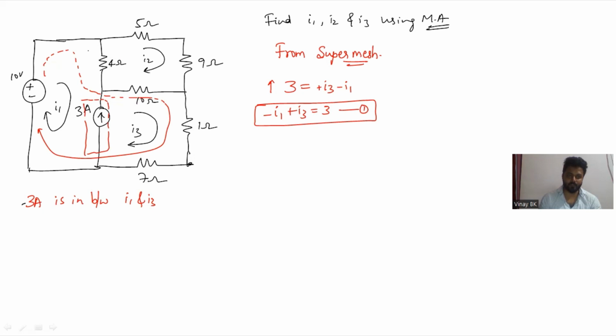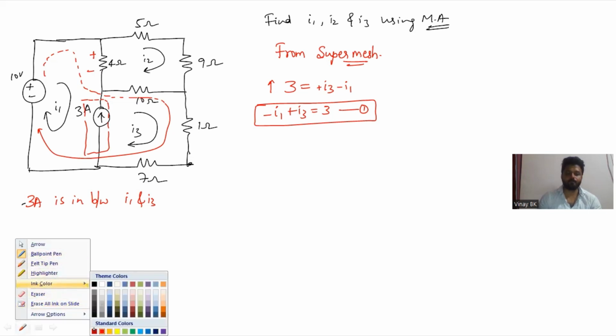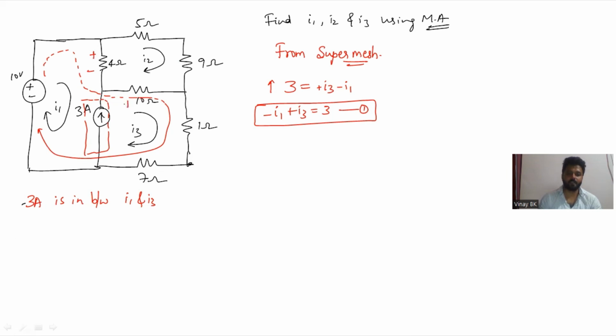I1 is flowing clockwise, so this is plus and minus here, and here also plus and minus, plus, minus. I3 is flowing through the 10 ohm, 1 ohm and 7 ohm. I1 minus I2 is flowing through the 4 ohm, and the source is 10 volts.